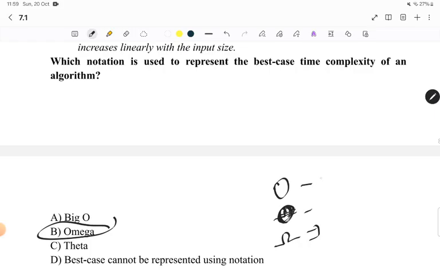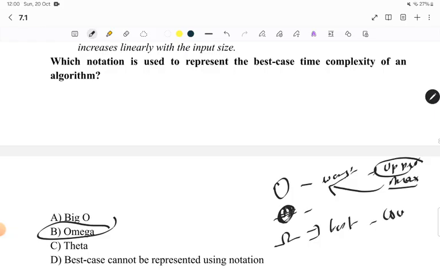Remember, big O gives the worst case and the upper bound. Upper bound means maximum time, which gives the worst case scenario. Omega gives the best case and the lower bound, meaning the minimum time. And theta, both upper and lower bound, gives the tight bound.